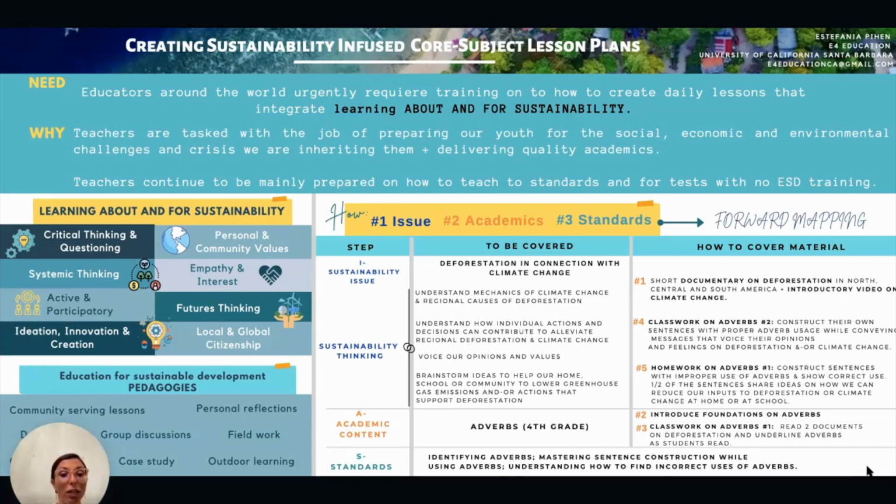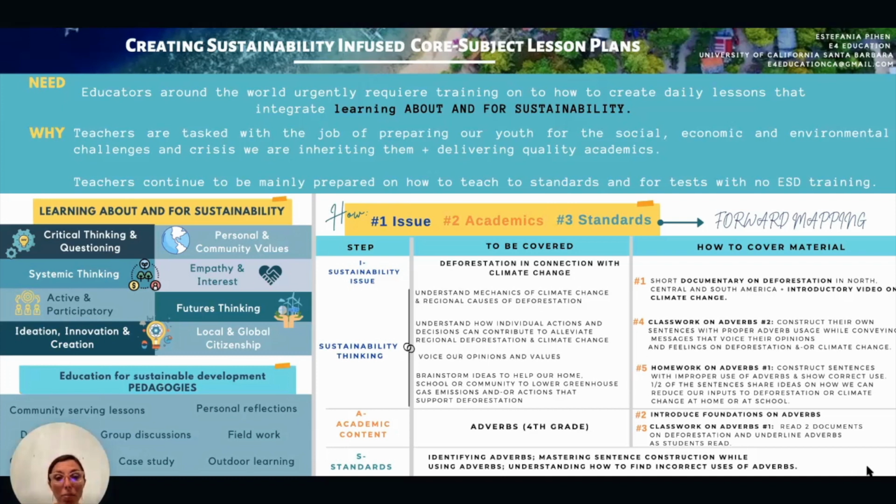So this sustainability issue is brought to the knowledge of the students, but also the students are able to have that sustainability thinking happening through every single lesson, while at the same time, they're learning all the pertinent academic content.